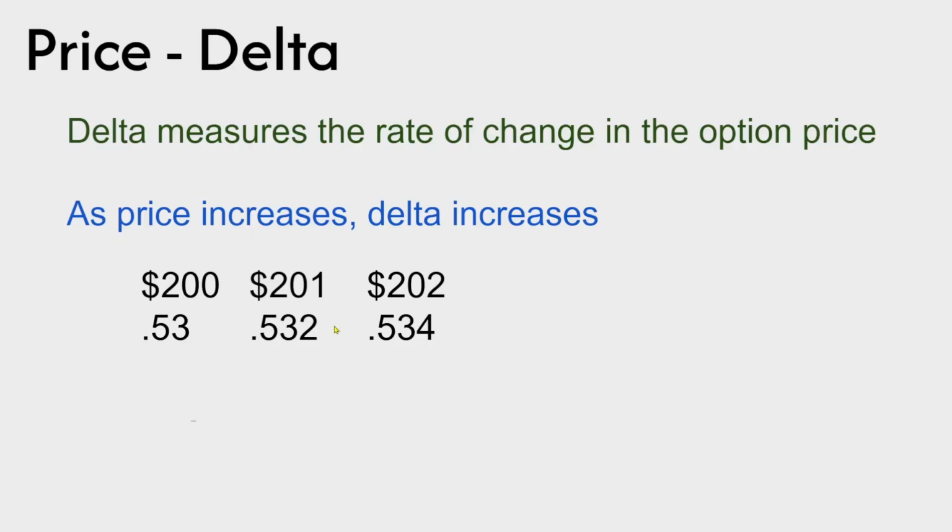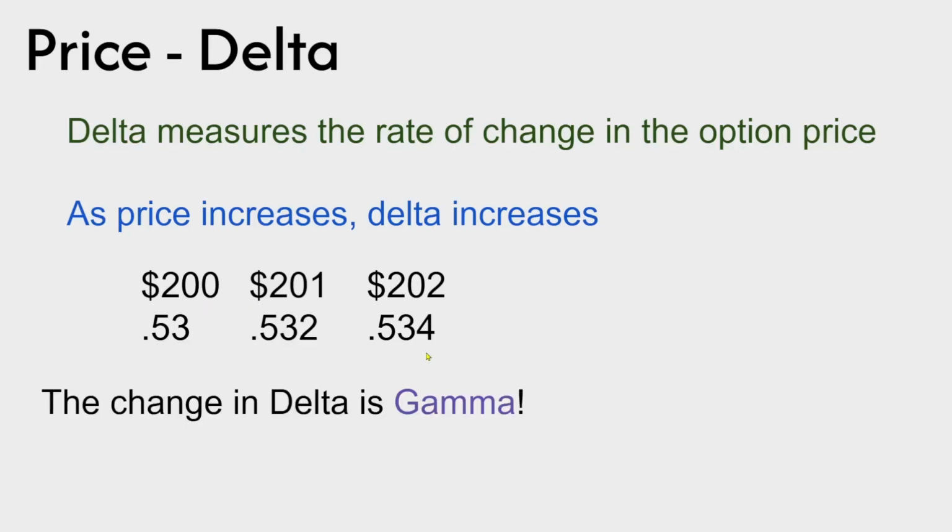So you're asking yourself, well, delta measures the change in the price, but we can see that delta itself changes. So there's another variable that's actually impacting this, which is gamma. So delta is like the first degree of change that's measured. Then gamma is like a second degree of change. It's a level deeper.